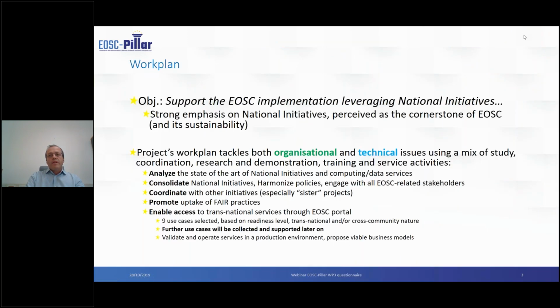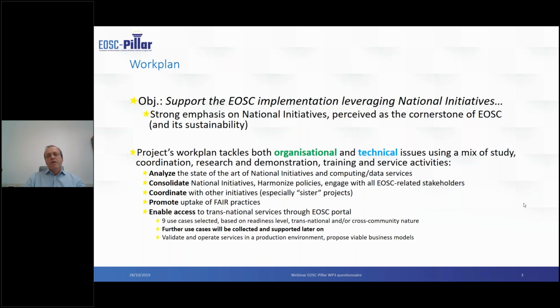So EOSC-Pillar is called Pillar because we have the ambition to sustain the European Open Science Cloud. And we have a distinctive feature with respect to other projects in that we rely very heavily on national initiatives.